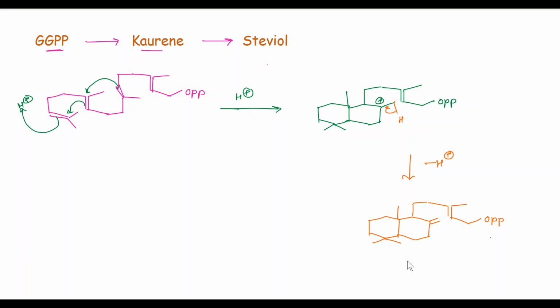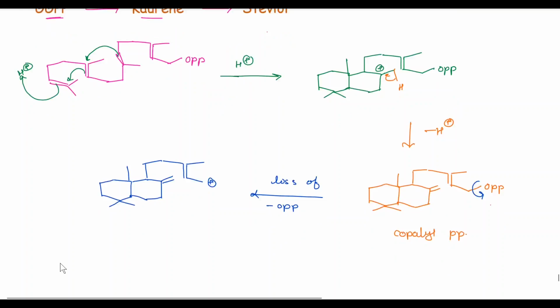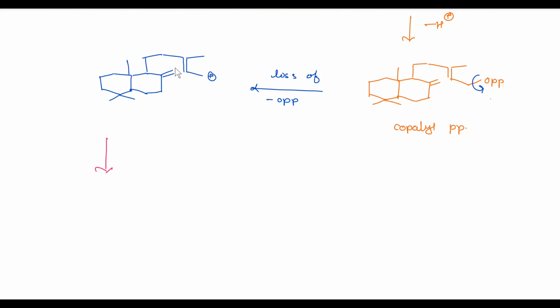We get a double bond, and this is known as copalyl pyrophosphate. In the next step, loss of pyrophosphate, and we get generation of a cation. In the next step, cyclization of the alkene onto this cation gives a positive charge, here methyl, here double bond.